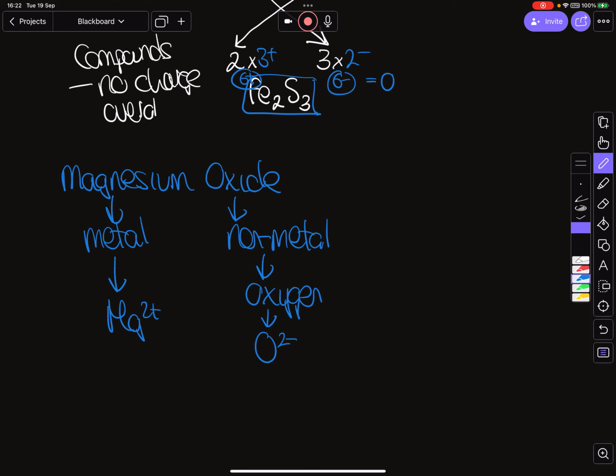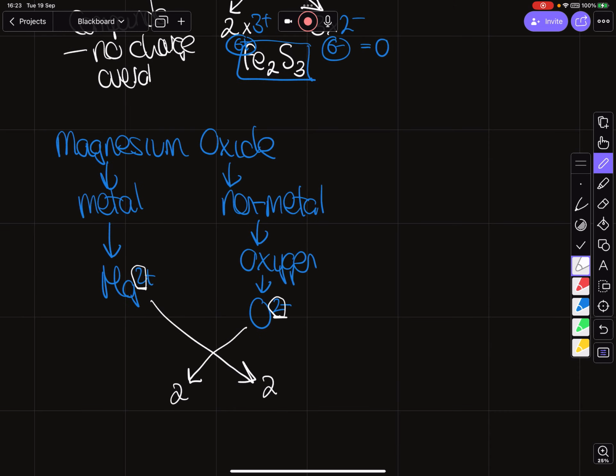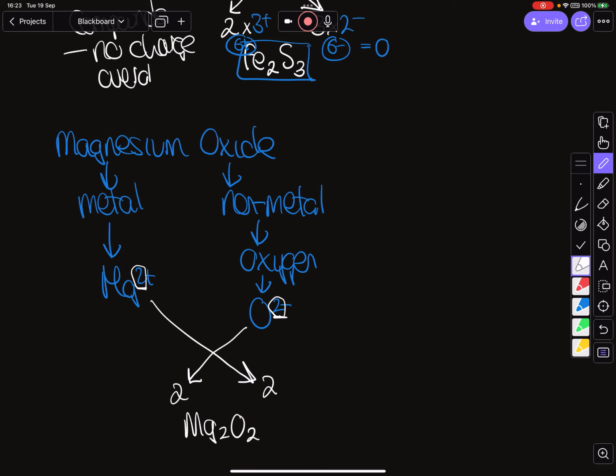We are going to do our drop down arrows like so. And again, the number that we are taking is the number that's in front. And I'm bringing this number 2 to the right hand side. And I'm taking this number 2 over here to the left hand side. And now we get this formula, Mg2O2.